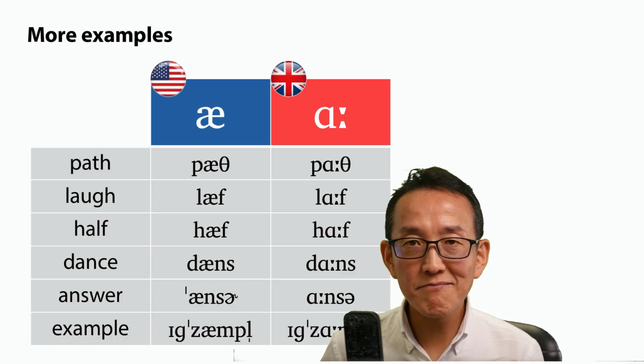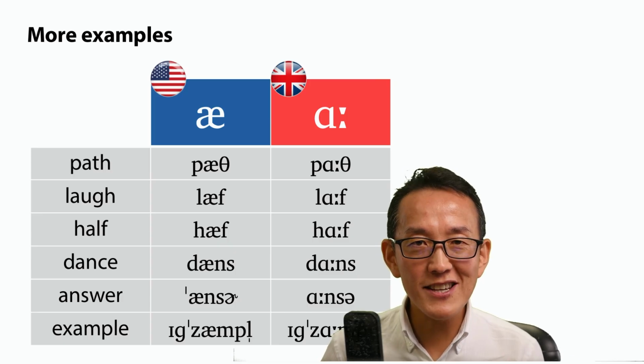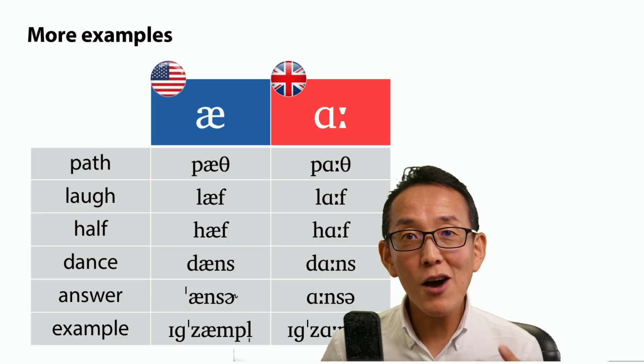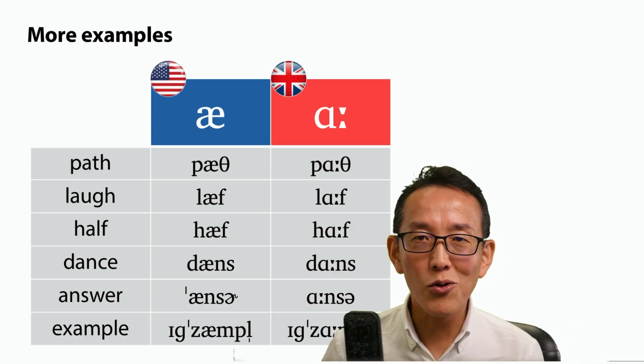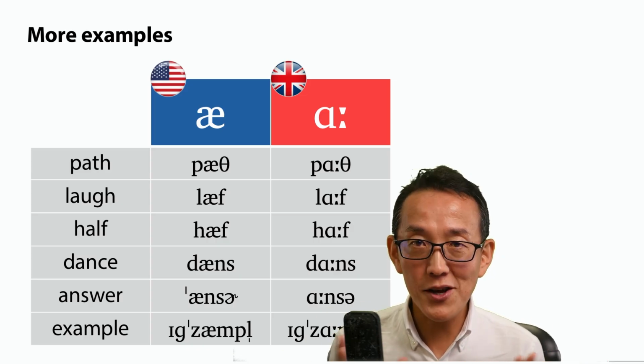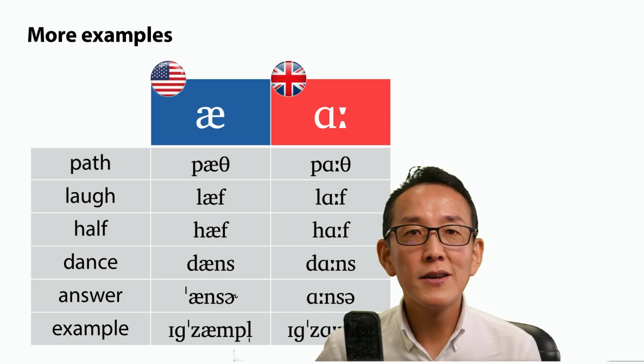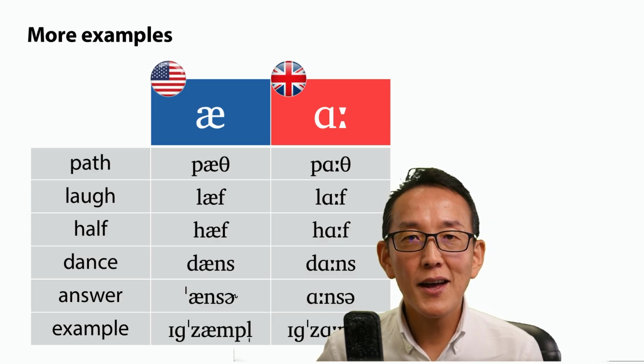So some words have A in both British and American English, and of course the actual sound is not exactly the same. However, the difference is small, so we normally treat this as the same phonetic symbol. I mean, at least we use the same phonetic symbol for both varieties.